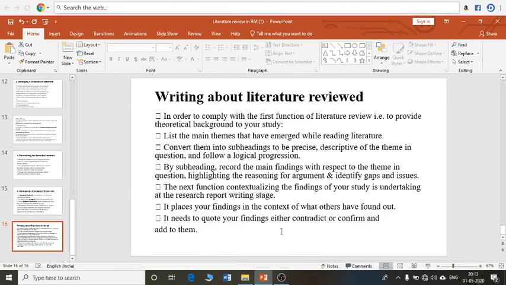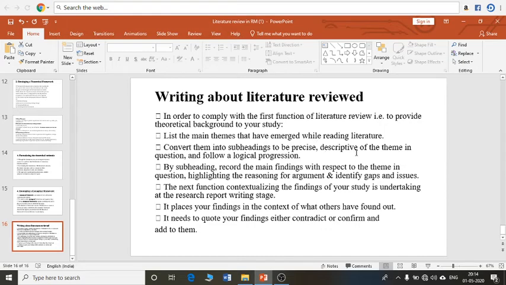Then, at last, writing about the literature review. In order to comply with the first function of the literature review, that is to provide theoretical background to your particular study, list the main themes that have emerged while reading your literature. Then convert your themes into subheadings, to be precise.